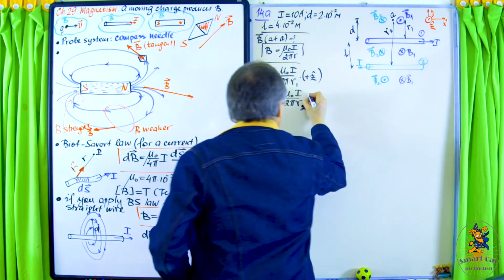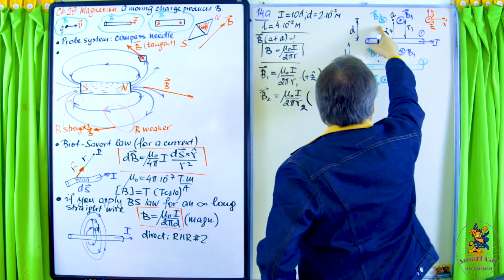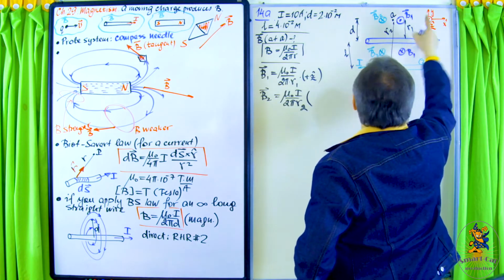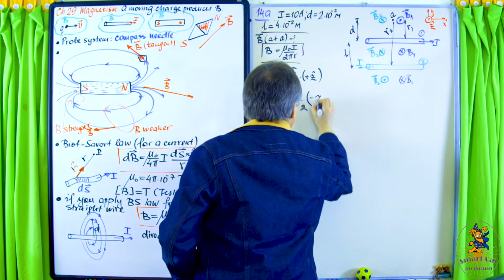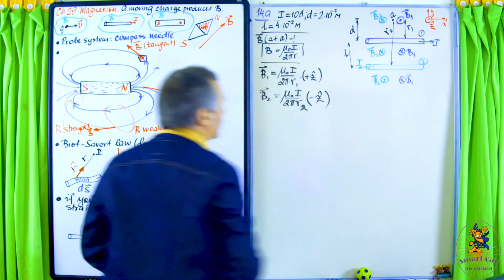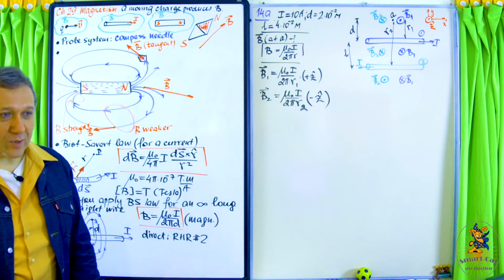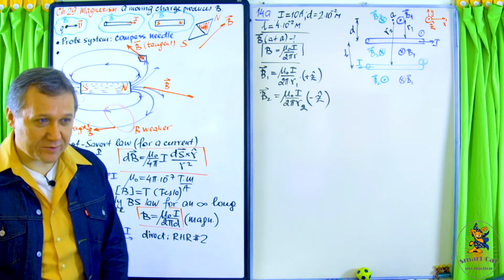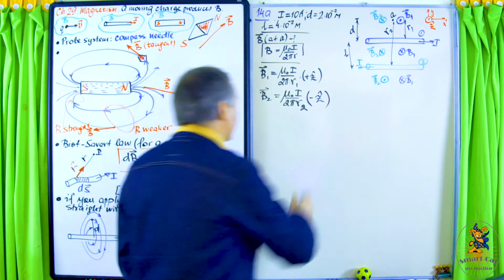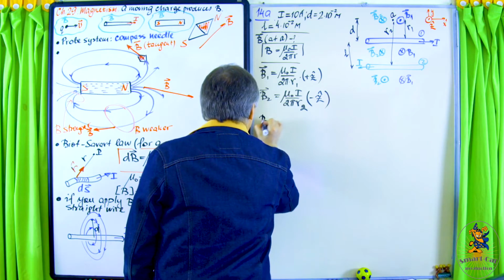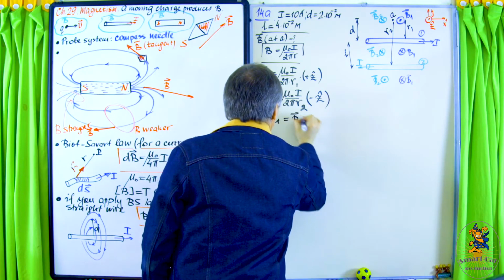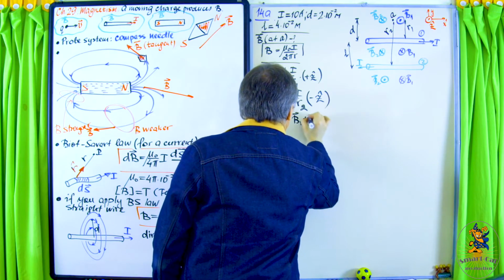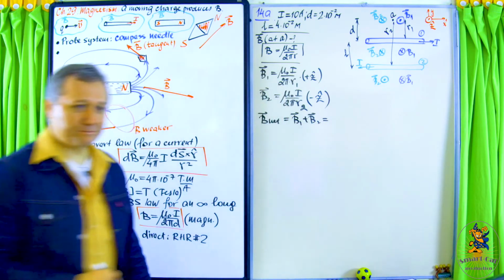And the direction of B2 is into the board, and the z-axis is out of the board, so it's a minus z hat. Okay, so now let's add them up using the principle of superposition, so B net will be B1 plus B2.